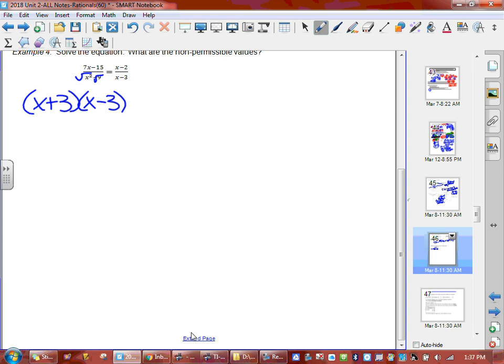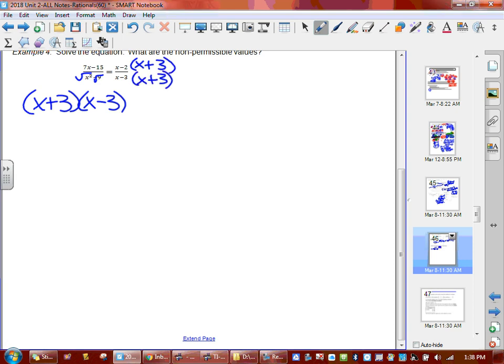The one on the right only has 1 bracket on the bottom. So that means I need 2 brackets on my bottom. So I'm going to have to put another bracket on the right-hand side. So which bracket do I have to put on the other side? The plus 3. Good, the one that's missing. So I'm going to multiply the top and the bottom by the x plus 3.